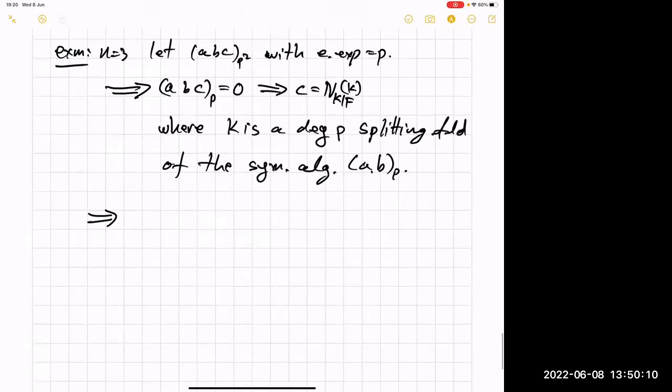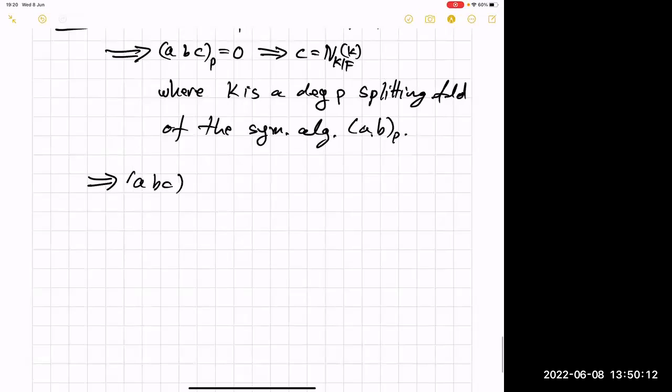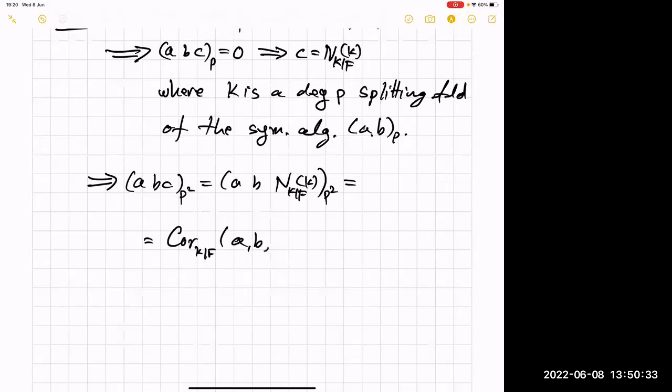We can say (A,B,C)_{P^2} is (A,B) norm from K to F of some c in K, P squared. And this is now, by the projection formula, you can just take the norm outside. You can write this as co-restriction from K to F of (A,B,c)_{P^2} now over K.